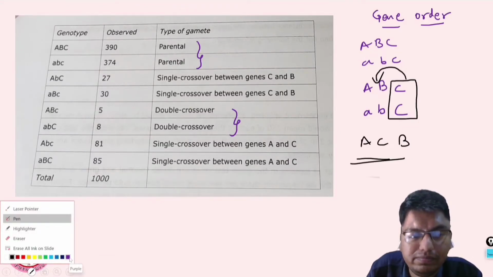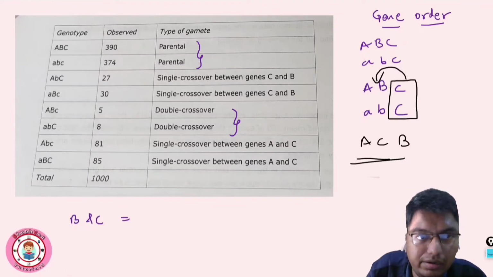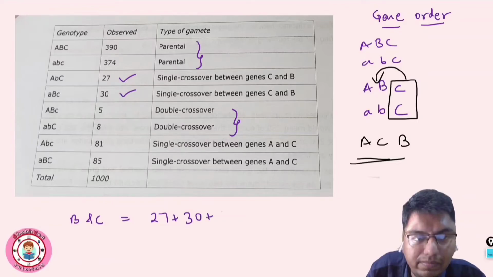First of all, we will see a single crossover between genes B and C. So we'll see B and C first. Write the numbers, as well as the double crossover. Double crossover has to be included in every case. So 5 plus 8, divided by total.